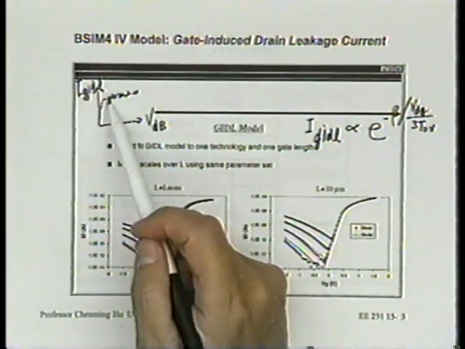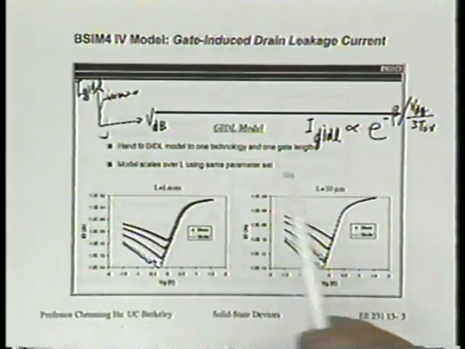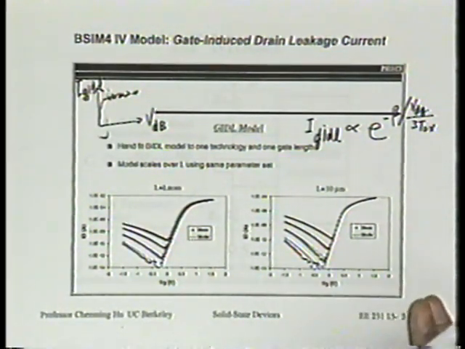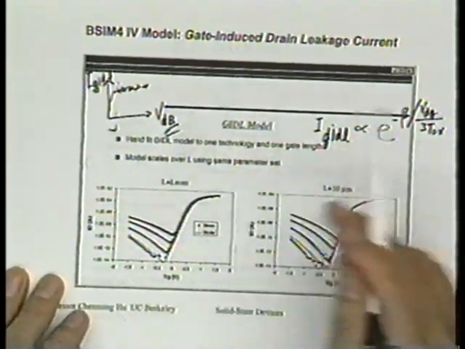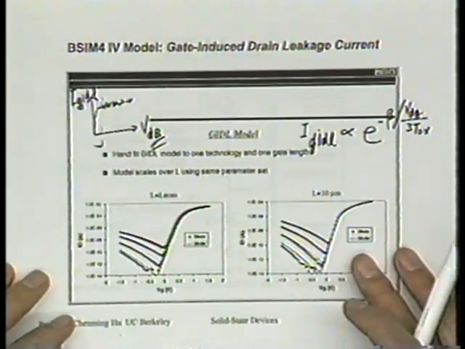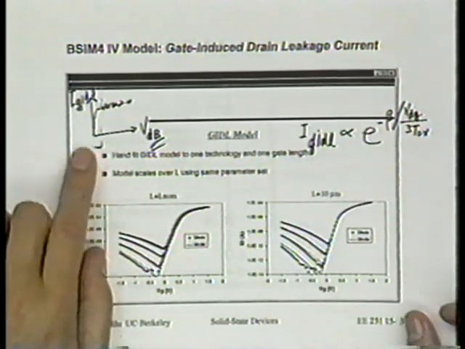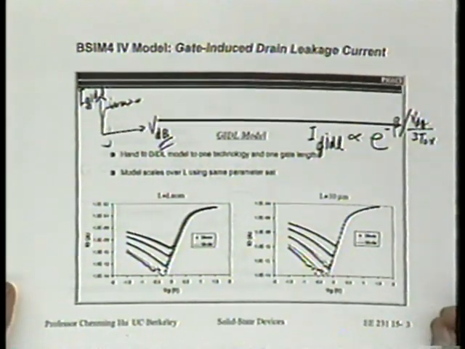You still have to be able to model it right. So a graduate student did additional work here, and this model is actually also a function of VDB. You may want to think about, if you want to model the VDB dependence in GIDL, what's the physics involved here? What's going to make the current go to 0 eventually, and how might you model that body bias dependence?